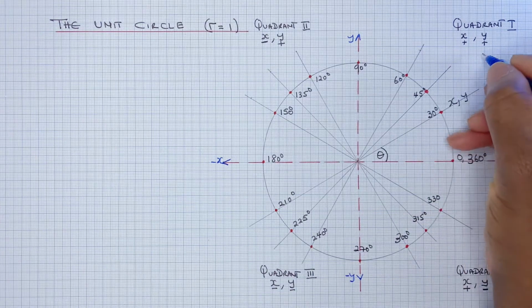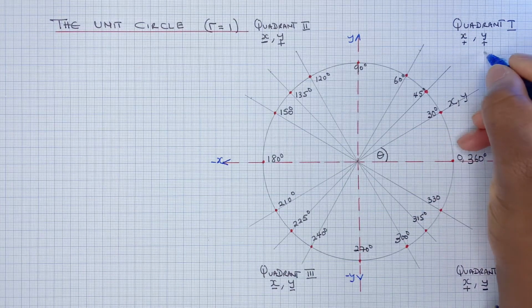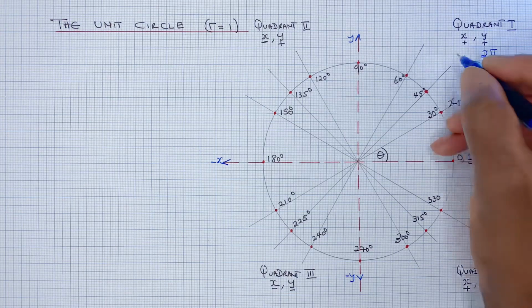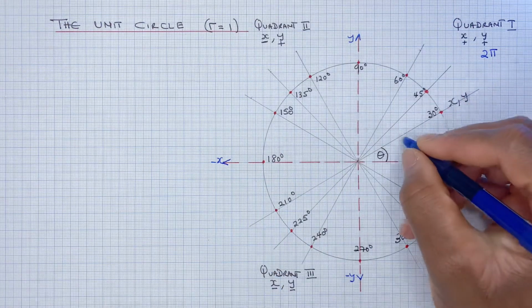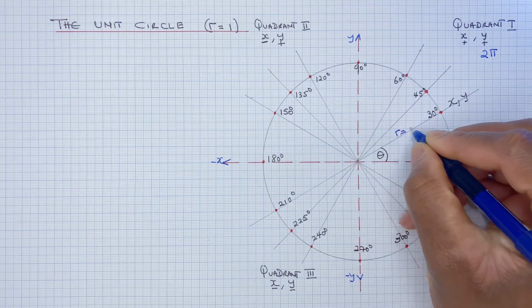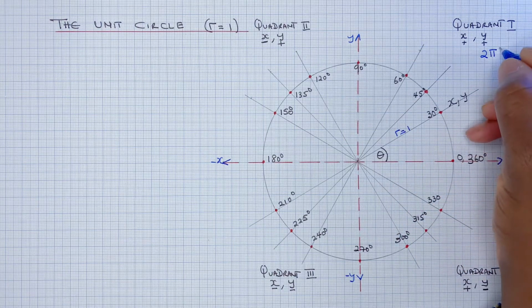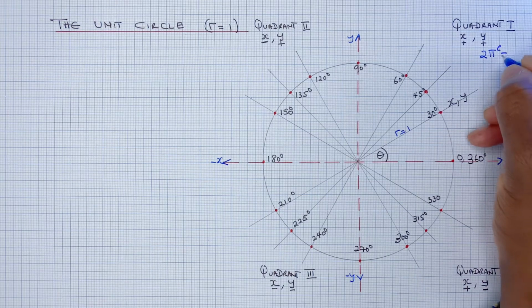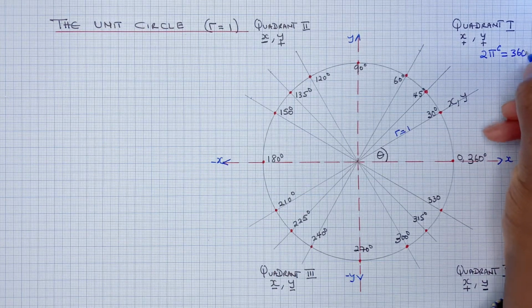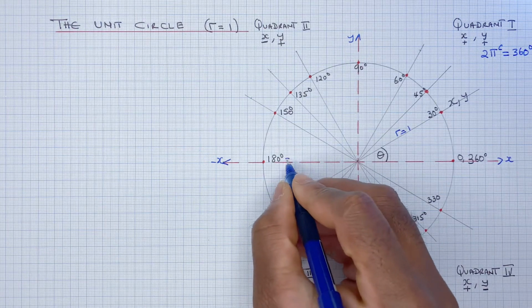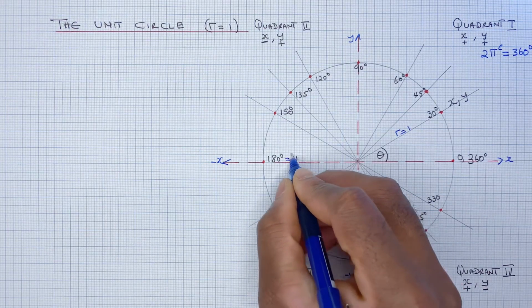Now the circumference, which is 2 pi r, where r is 1, so the radius here r equals 1, and that is 2 pi radians, and that equals 360 degrees. What that meant is pi is equal to 180 degrees.